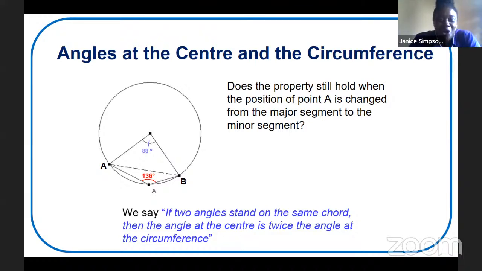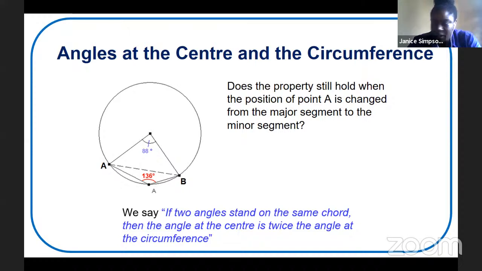All right. Now, tell me where angle A is now. We made a mistake. Where angle A is now. All right. What is the size of the angle at the center? Based on where angle A is now, what is the measure of the angle at the center?